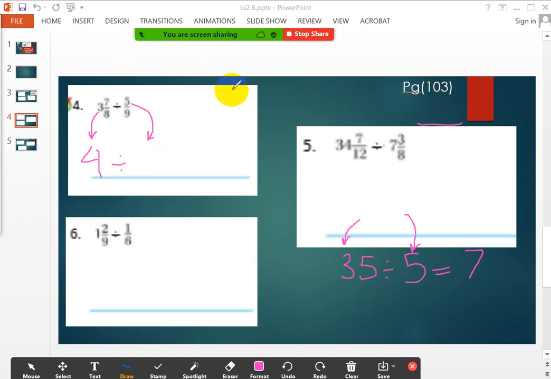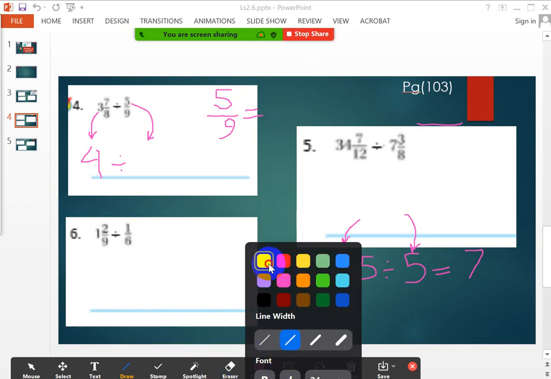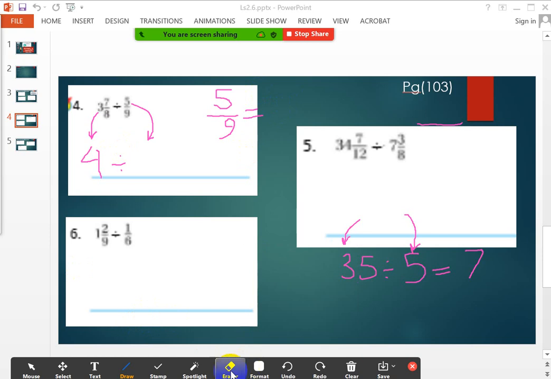Look, girls, 5 over 9. If I want to round this number into the nearest whole or into the nearest number able to divide on this number, I will draw the number line for you. First thing, look at the number line.